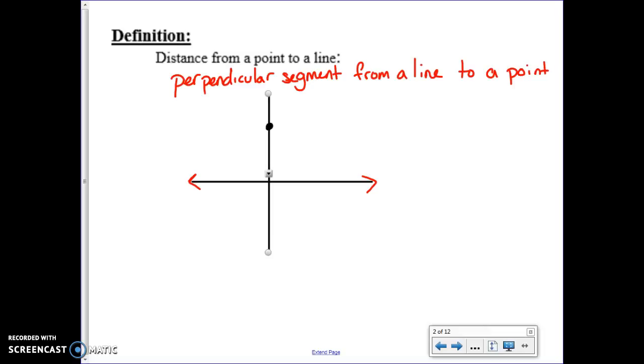So then from the point to the point where it intersects, as long as they are perpendicular, is the distance. You can't move that in another direction and find the length there. It has to be between those two at the perpendicular.